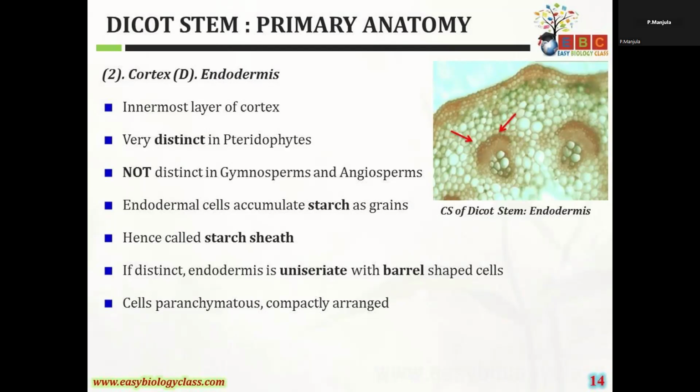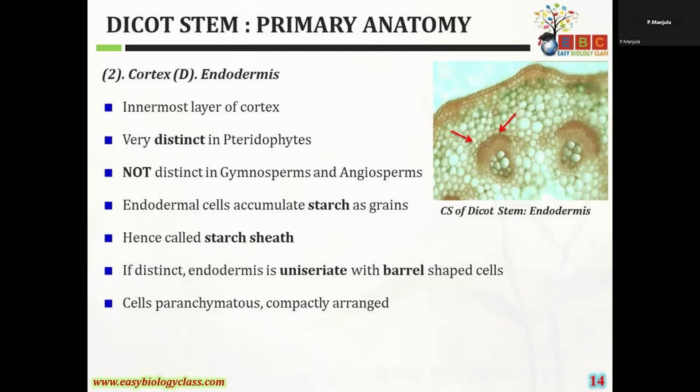Endodermal cells accumulate starch as starch grains, hence it is also known as the starch sheath. It is a single layer of parenchymatous cells which stores starch. Hence, the endodermis is called the starch sheath.